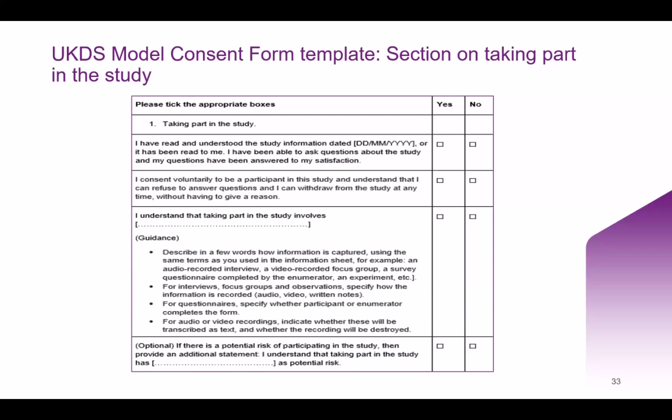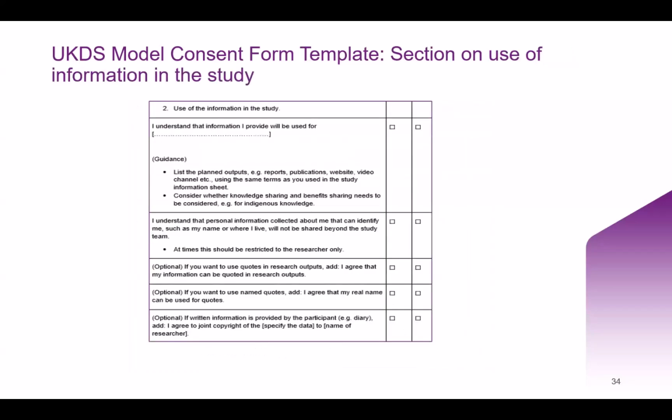So all the items around the research participation can go into this section. It addresses the first key area that I highlighted in the previous slide. Now this section is about the use of information being collected, and I'll give you time to read it.